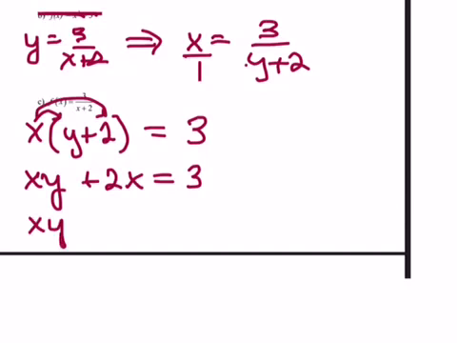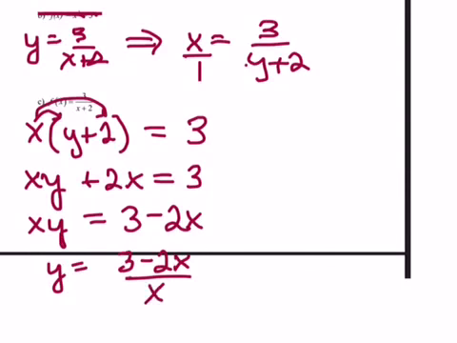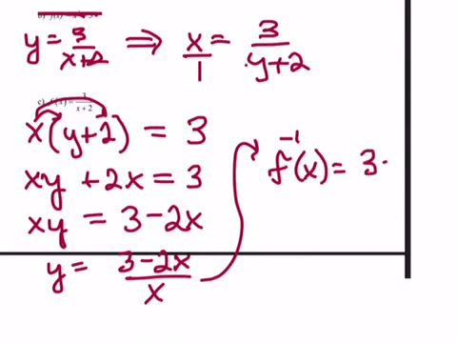Okay, so to get the x times y term by itself, because it has the only piece that has a y in it, I can subtract the 2x over, so I have 3 minus 2x. And then I'm going to divide both sides by x to get y by itself. So that means that my inverse function is 3 minus 2x over x.